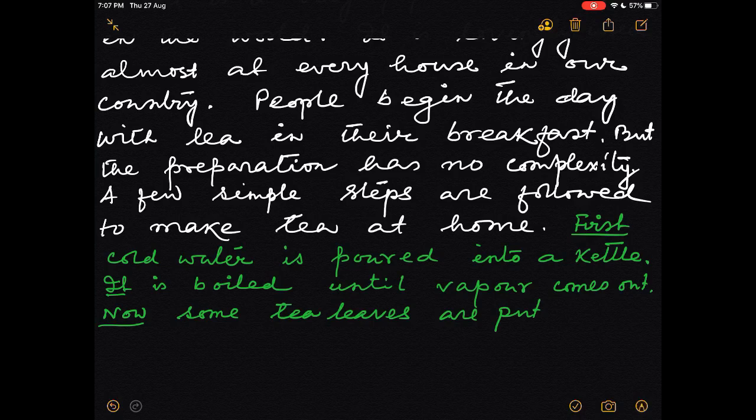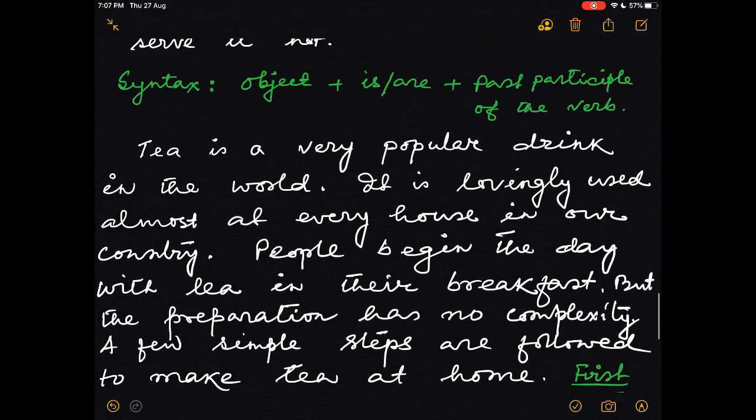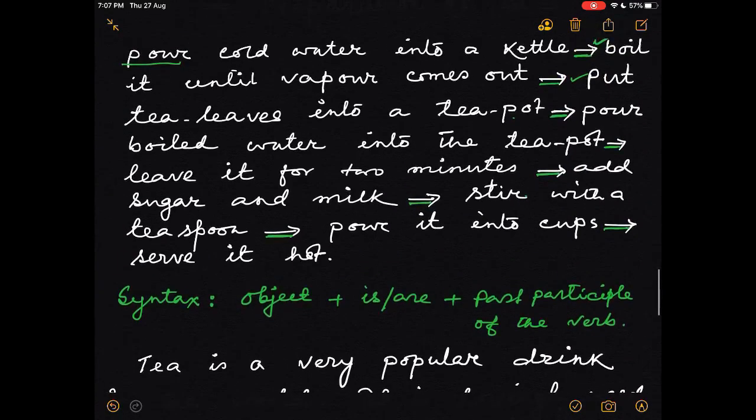Tea leaves are the object. Some tea leaves are put into a teapot. Okay. Some tea leaves are put into a teapot. Next point is pour boiled water into the teapot.